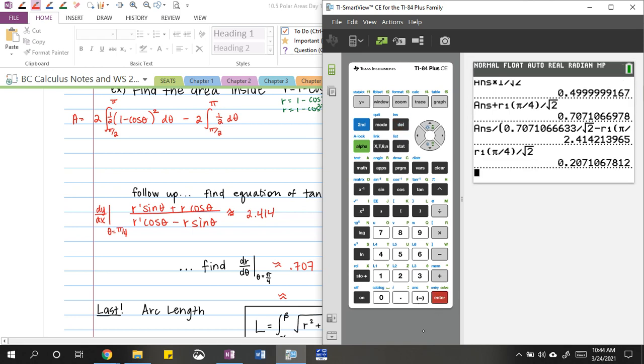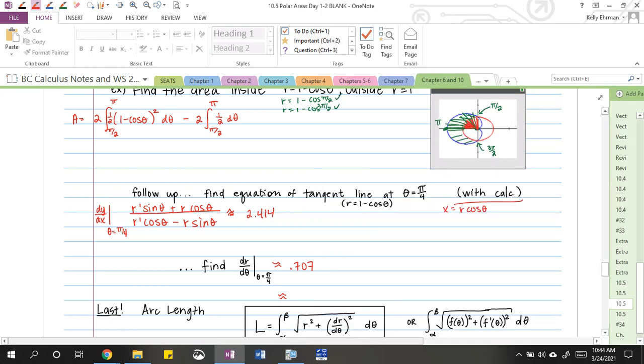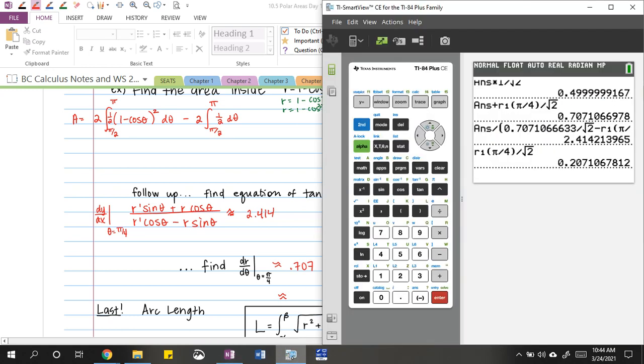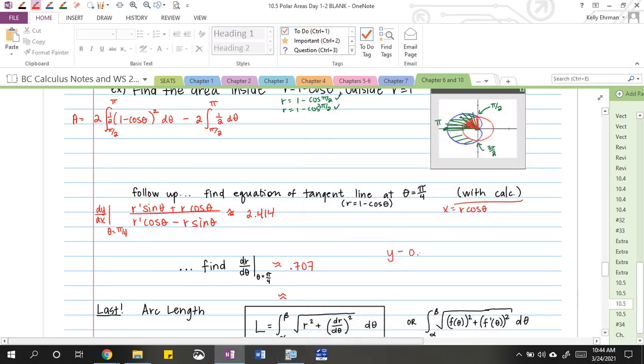There's x. And y would be the same thing, because sine of pi over 4 is the same thing. So we have y minus 0.207 equals 2.414, should probably say about equal to, x minus 0.207. Oof, that was a lot.